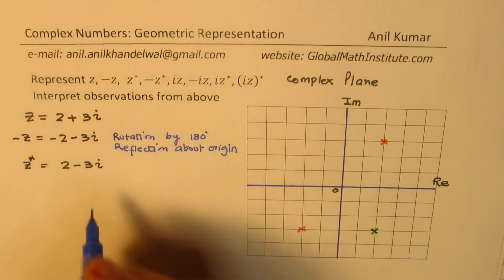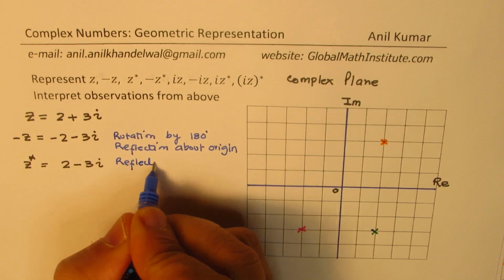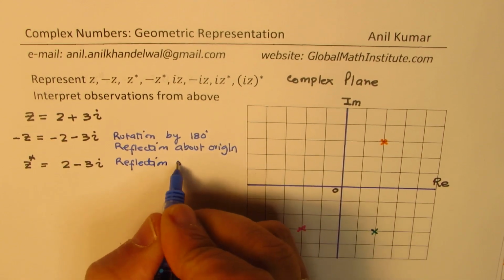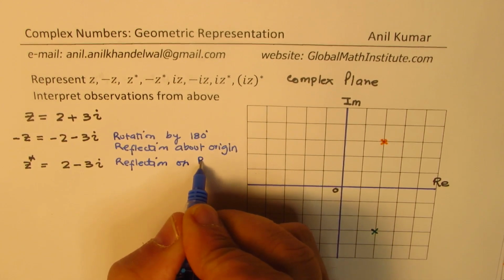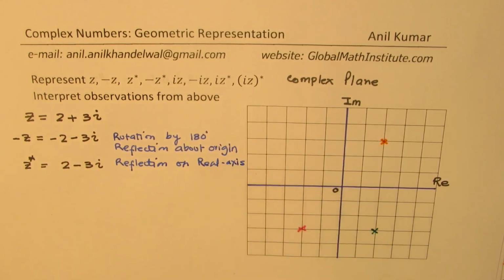So the conjugate is basically a reflection on the real axis, the horizontal real axis. Is that clear to you? Right. So that is how you can interpret the conjugate when represented on a complex plane.